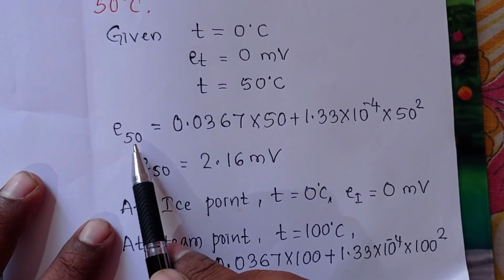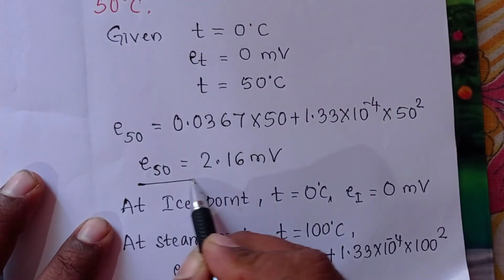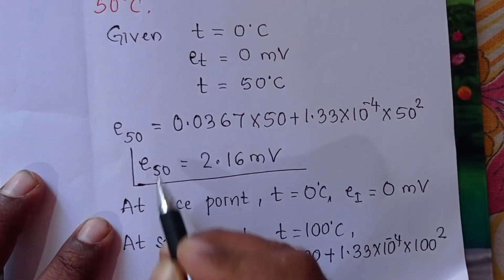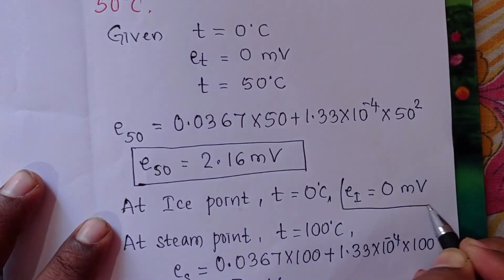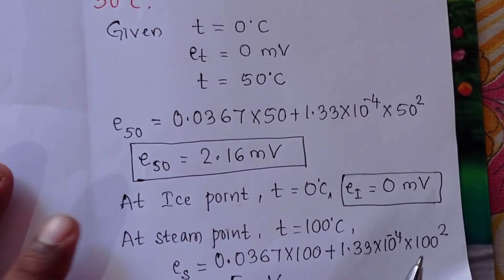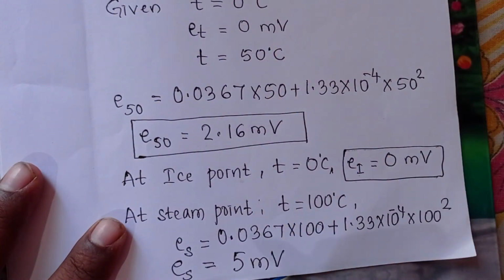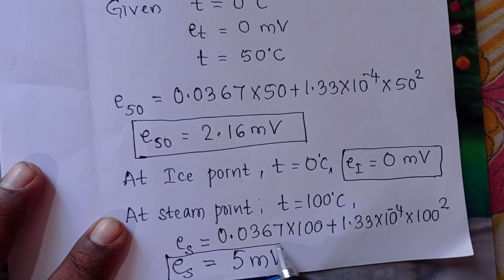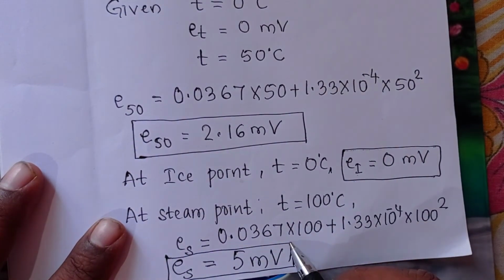That is the EMF at 50 degrees centigrade, which we will get as 2.16 millivolts. At ice point, when I substitute the value of T as 0 degree centigrade in the governing equation, both terms have T, so it becomes 0. So I will get EI is equal to 0.